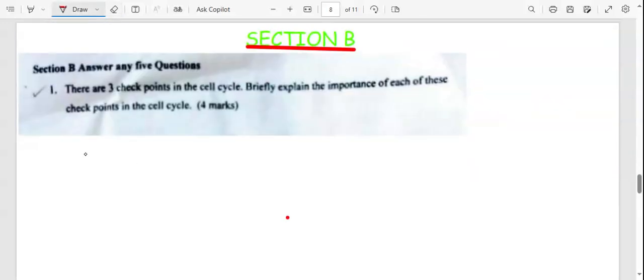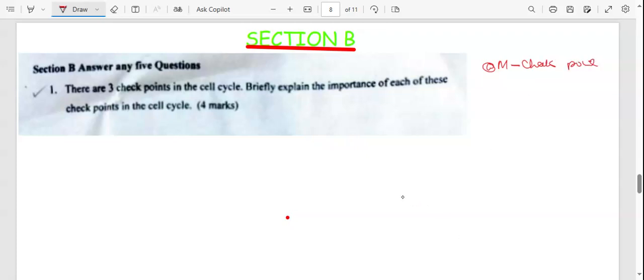So question B now. There are three checkpoints in the cell cycle. Briefly explain the importance of each of these checkpoints in the cell. All right. So the three checkpoints that we have: one, the mitotic or M checkpoint.